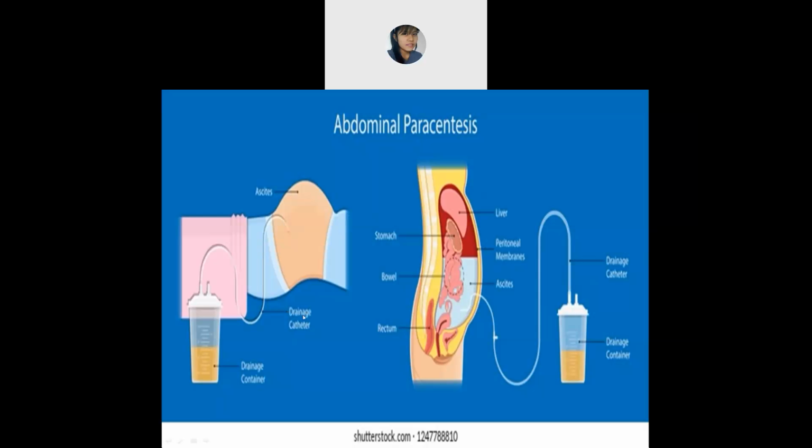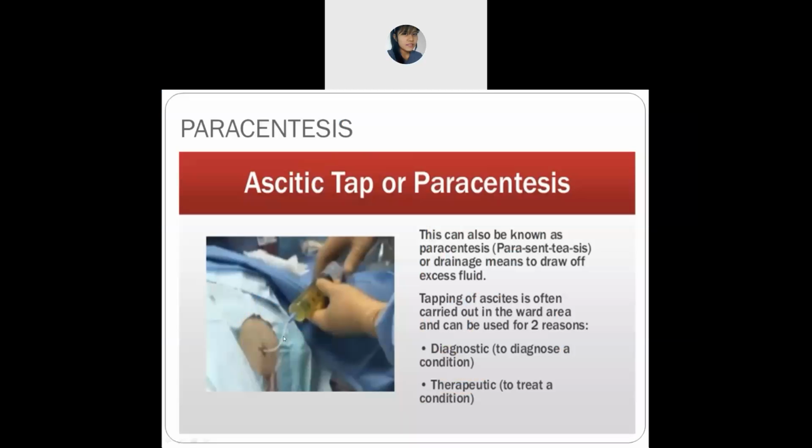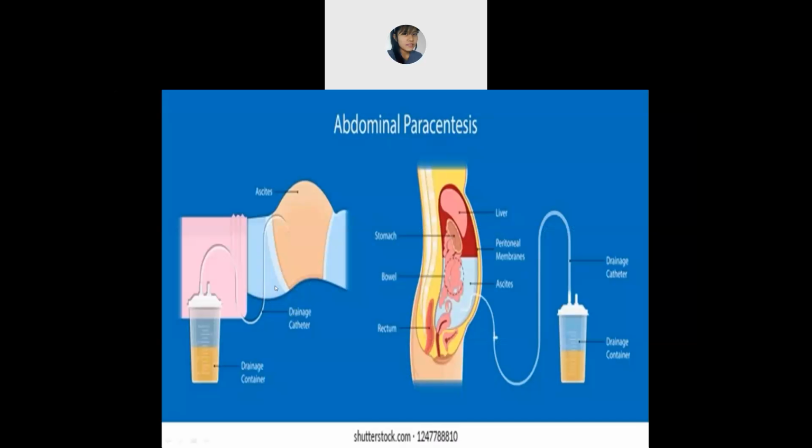So they used to do like this. Syringe is like that. This is the drainage catheter, and they insert it like this in the abdomen. Whatever fluid is coming out from the abdomen goes inside the drainage container.